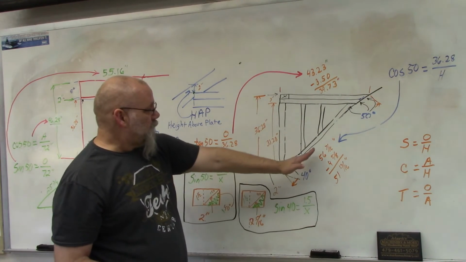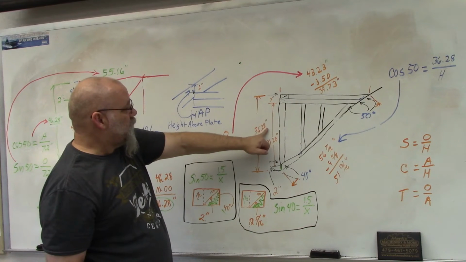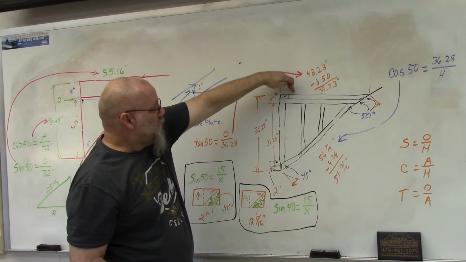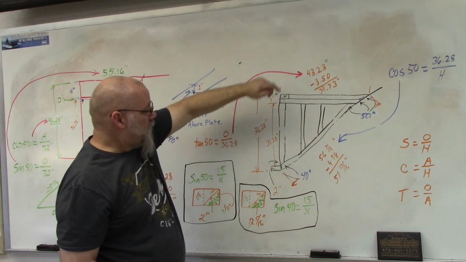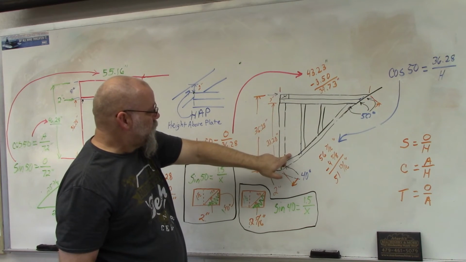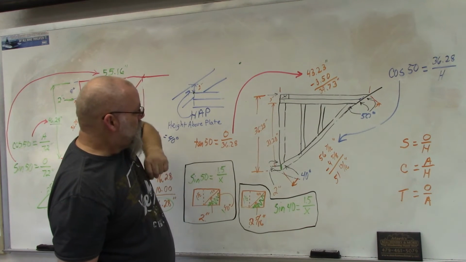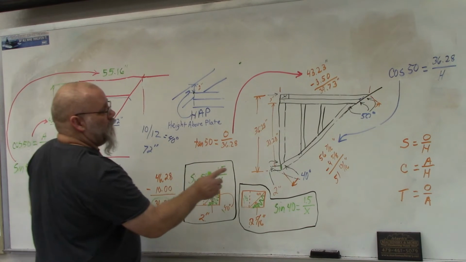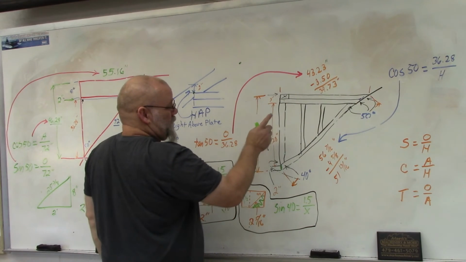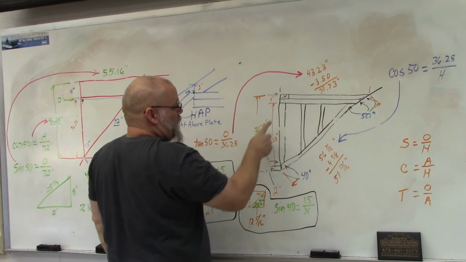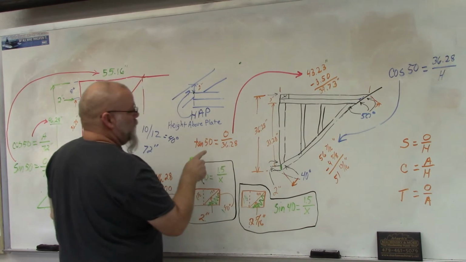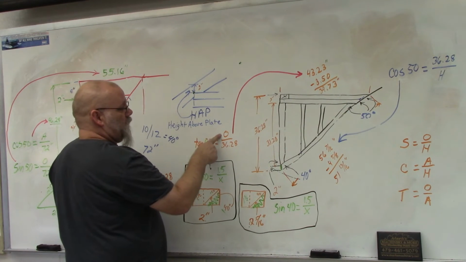Okay, so I've got this length, and I've got the length of this stud. Now all I have to do is figure out the length of this stud. So again, I'm going to use this angle, and I'm looking for the opposite side, and I have the adjacent side. So here's the opposite side, the one I'm looking for.